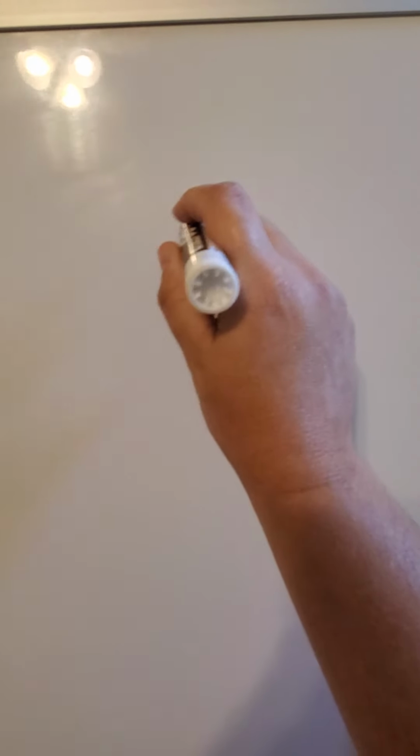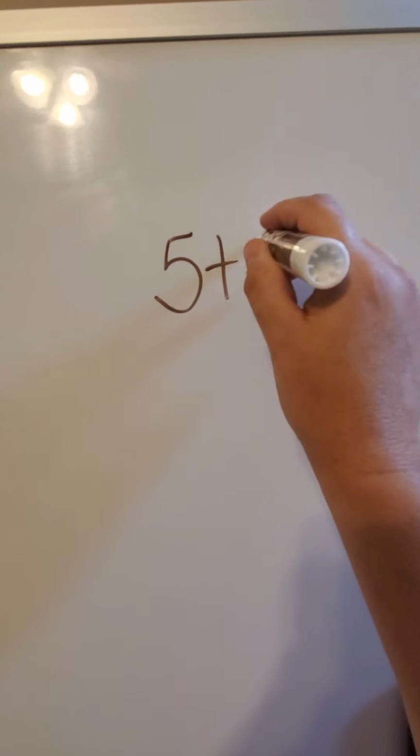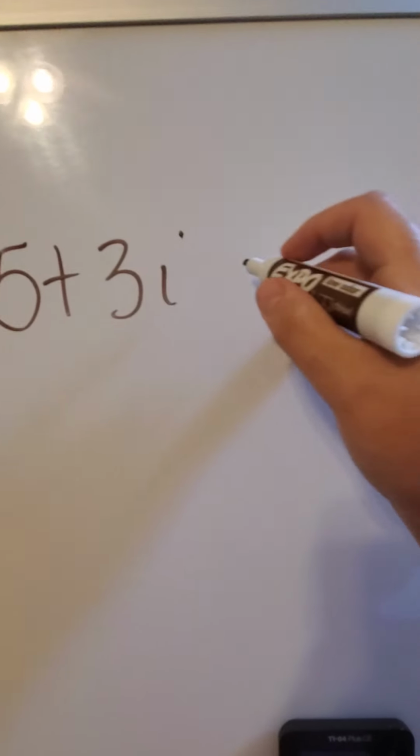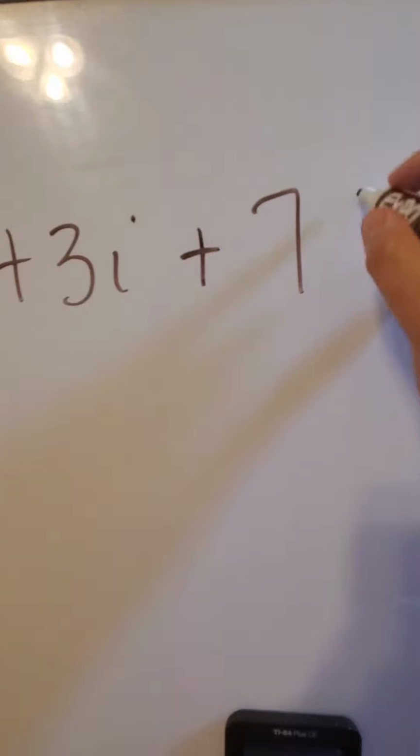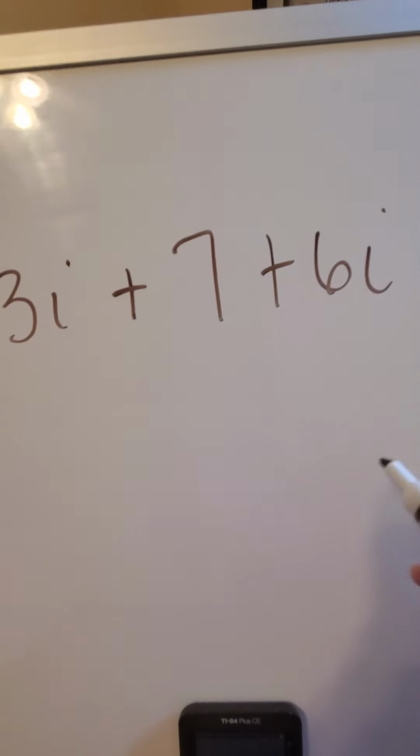So let me go through. I find that my kids usually understand this better if we just practice with the numbers, okay? So let's talk about adding and subtracting first. Those are the easiest ones altogether. If I have 5 plus 3i, and then I say plus 7 plus 6i, right?